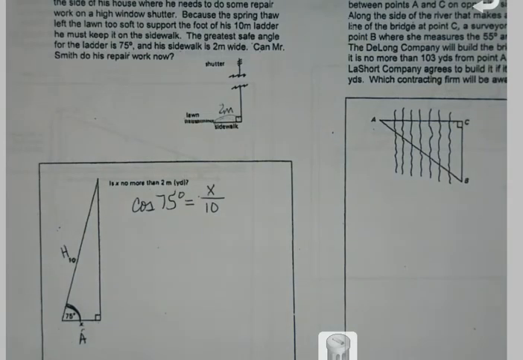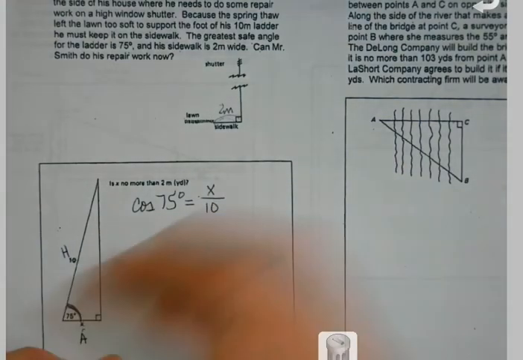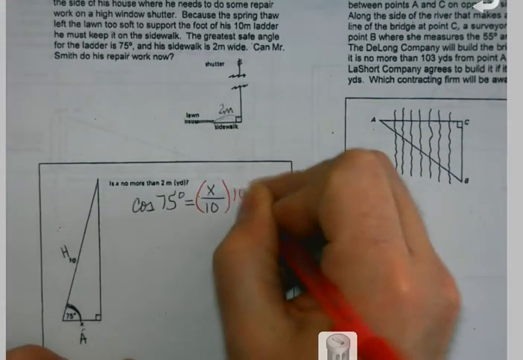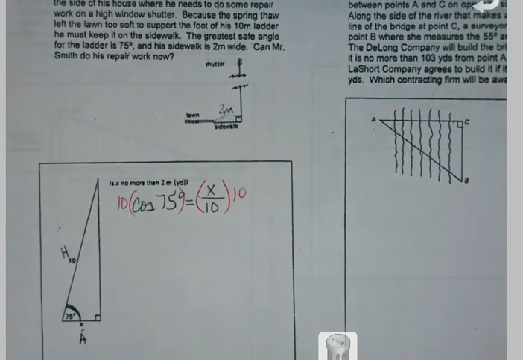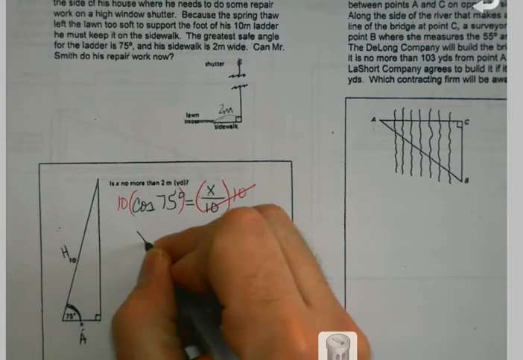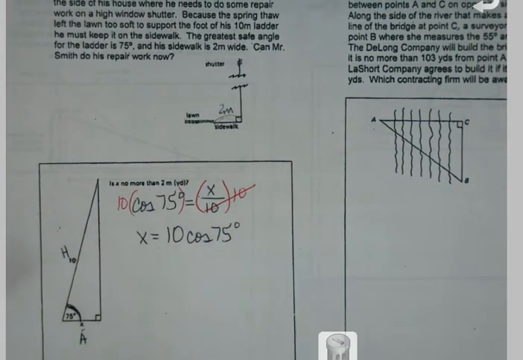And like we've done on a lot of these, now I need to figure out what x is going to be. Since I'm dividing it by 10, I have to do an opposite. So I'm going to multiply both sides by 10, and that would give me what my x value is going to be.